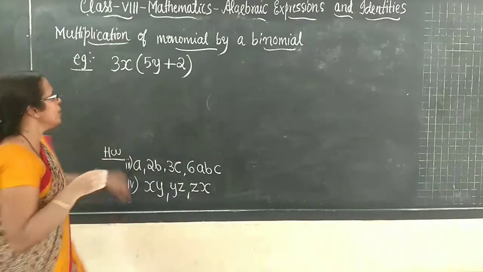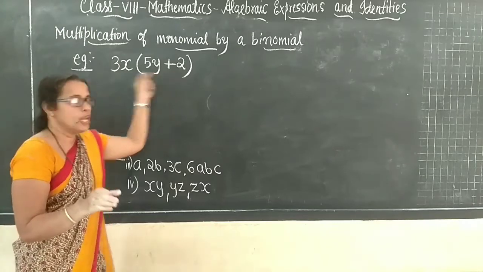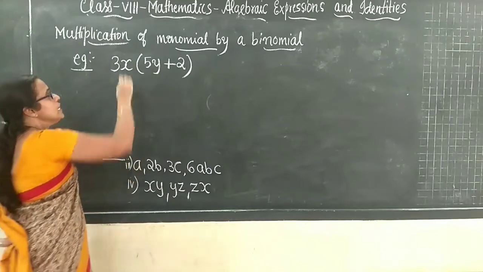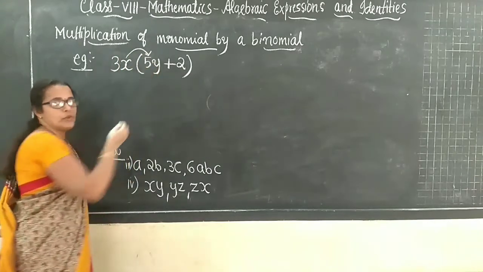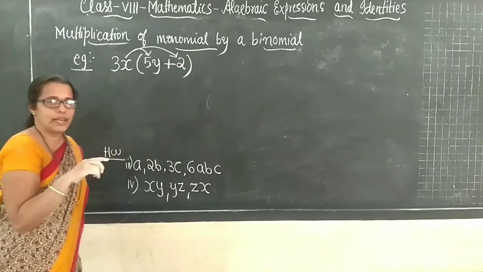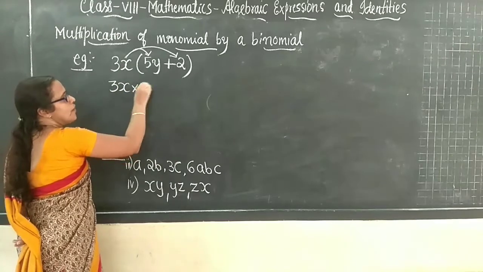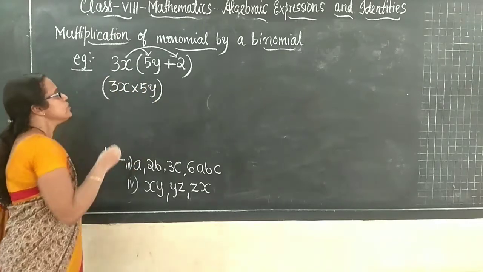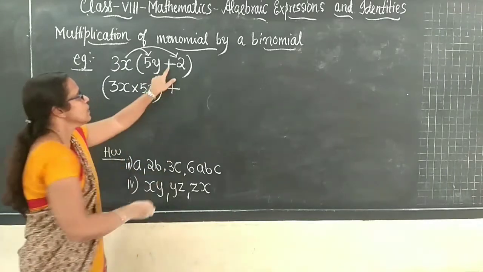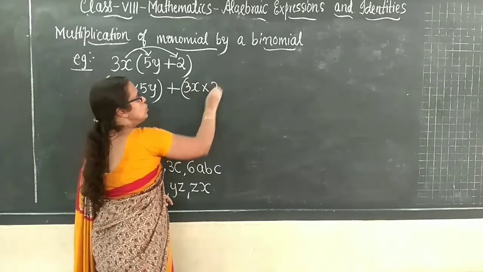So first, how can I multiply? See here, this is monomial, this is binomial. So 3x into 5y plus 3x into 2.